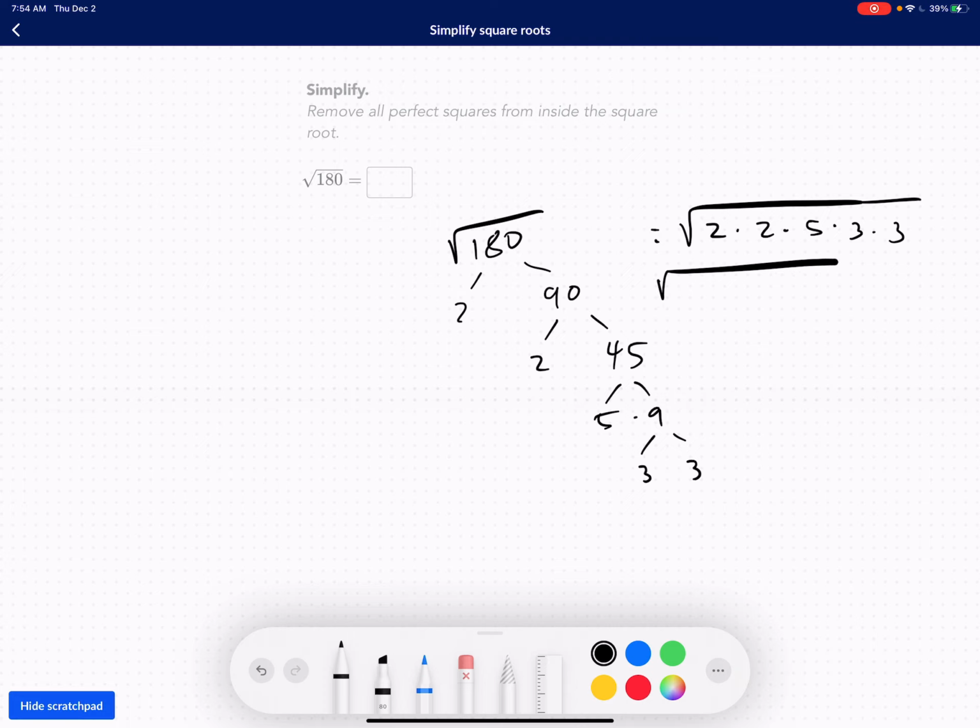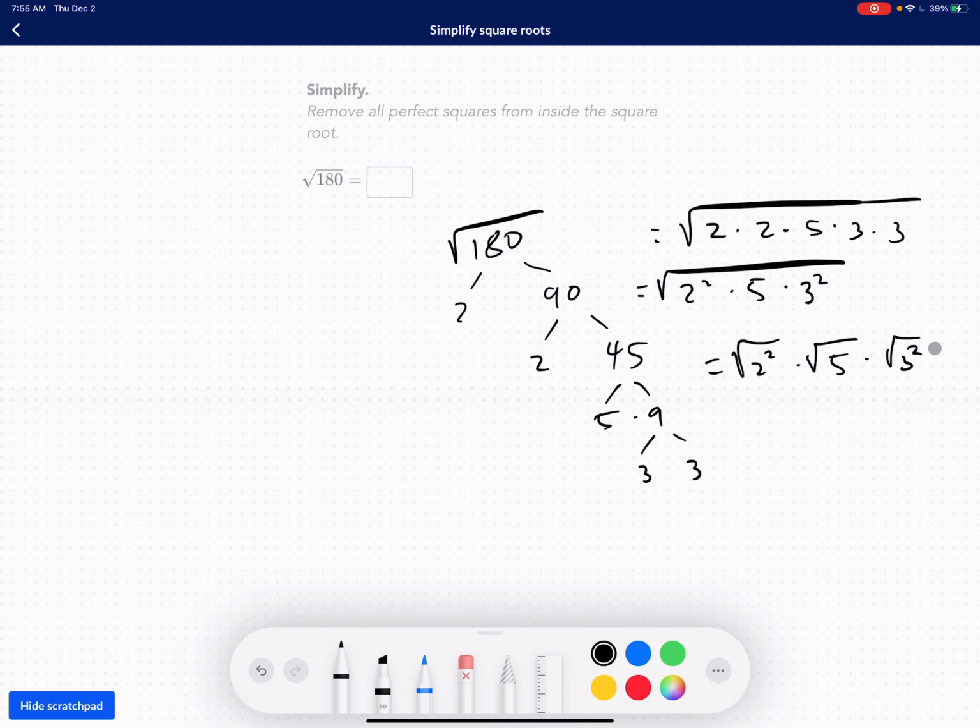And that is equal to 2 times 2 times 5 times 3 times 3. Okay. And then I'm going to put this into 2 times 2 is 2 squared. So 2 squared times 5 times 3 squared, right? So square root of 2 squared, square root of 5, and square root of 3 squared.